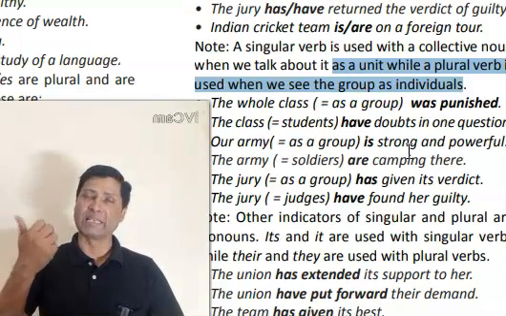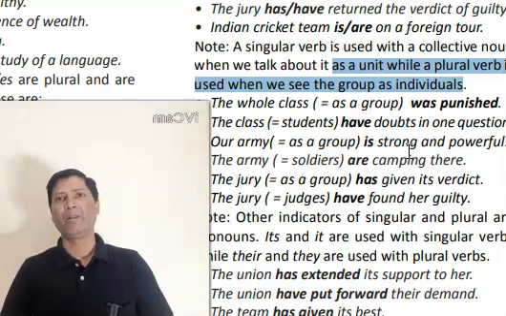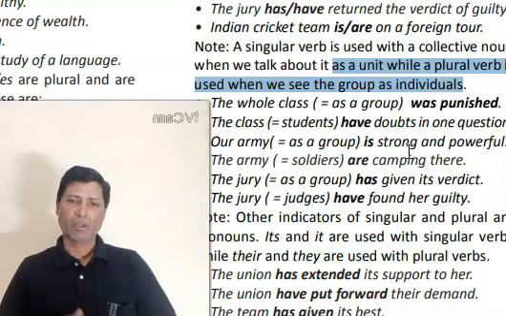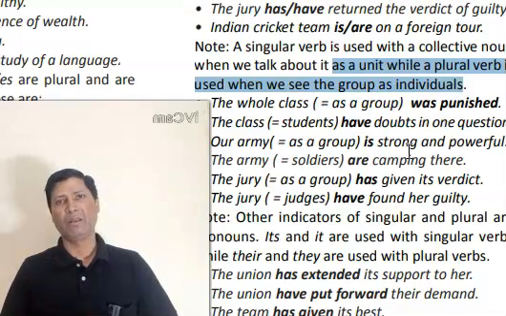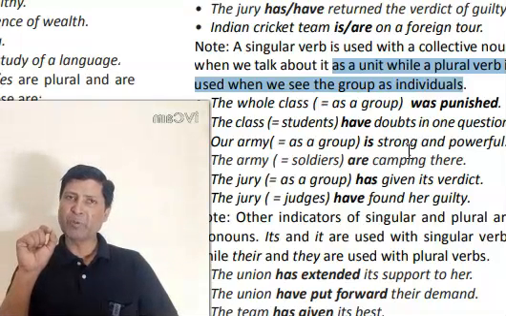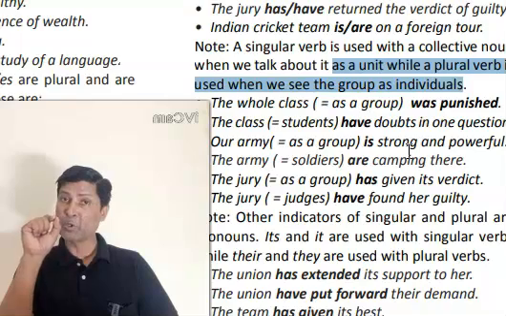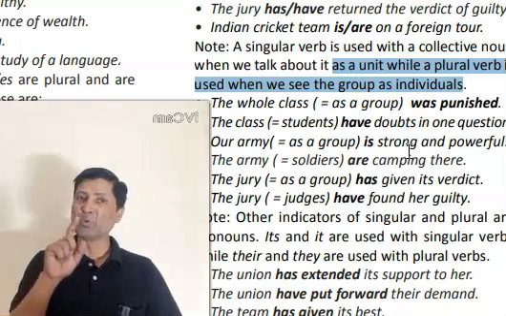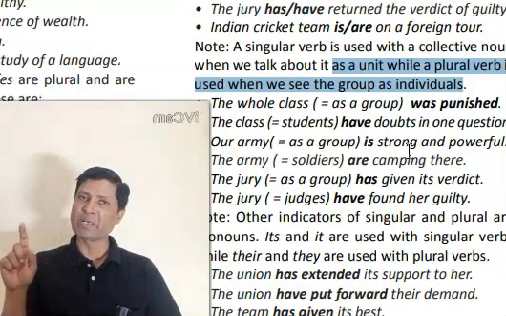Let me give you one more example. Let us take the word army. What is an army? An army is a collection, a group, of soldiers. So when I am talking about a group, a unit, a battalion, one regiment, it is a unit and therefore it will be followed by a singular verb.